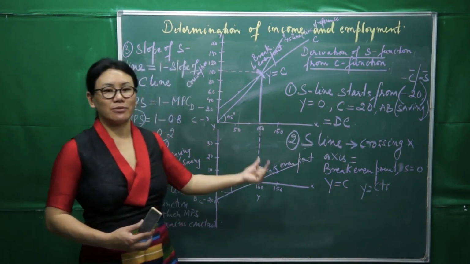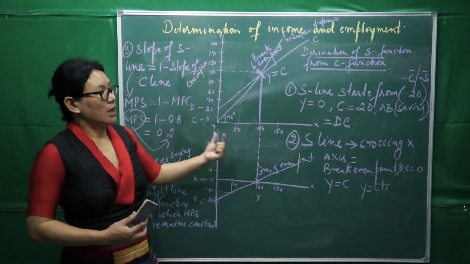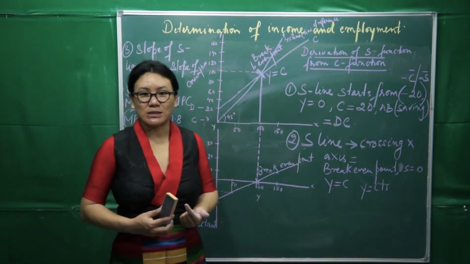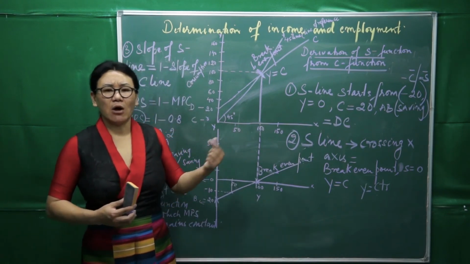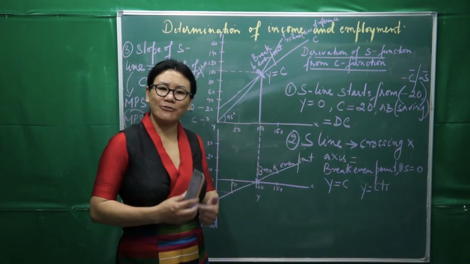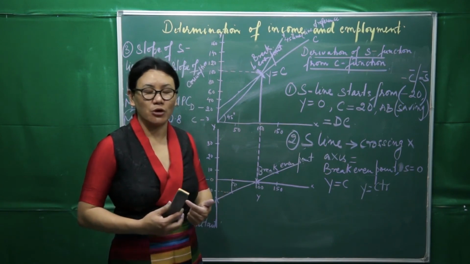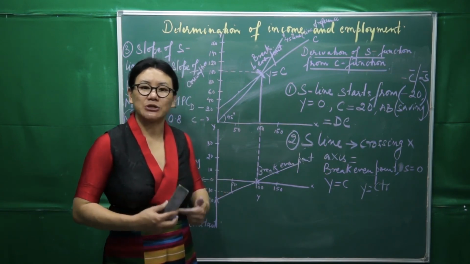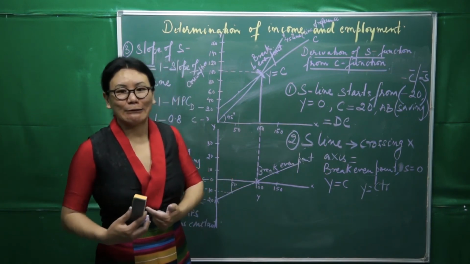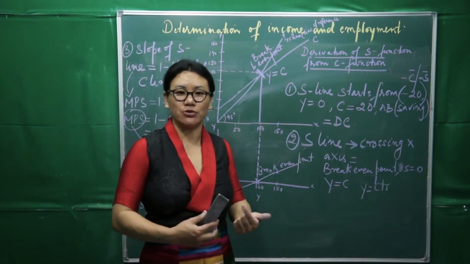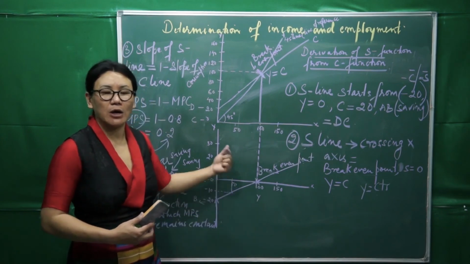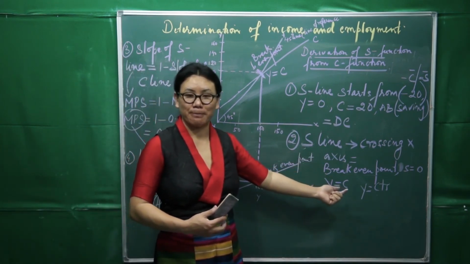An observation we have seen. Then next one, diagrammatic presentation of saving function. On the basis of the saving function schedule, I have drawn the diagram, and the observation we have seen.